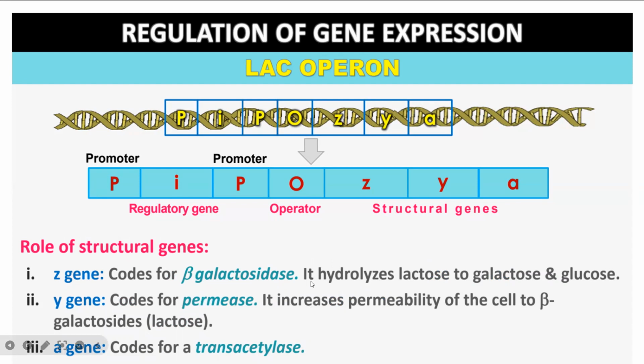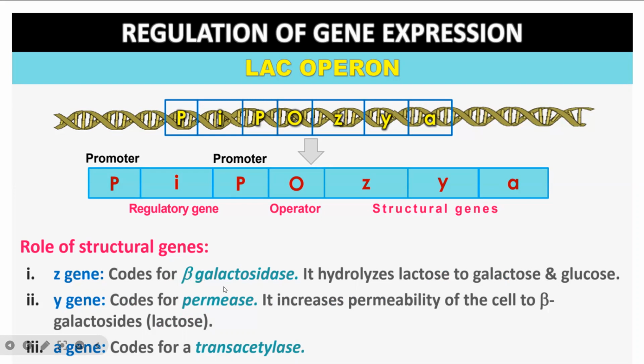Actually, glucose is the source of energy, but in the absence of glucose, if you give lactose, this gene will get activated and break the lactose into galactose and glucose.